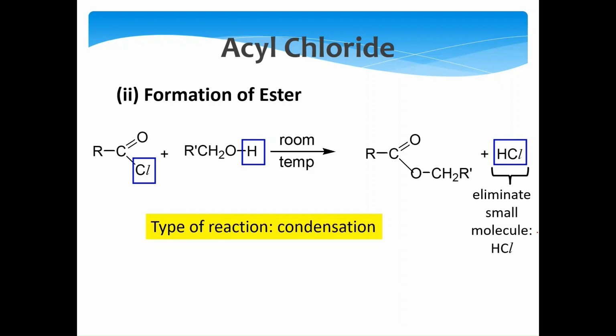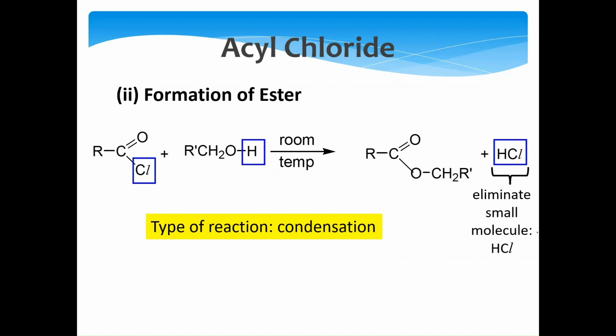This is also similar to the formation of ester by reacting carboxylic acid with alcohol. But because acyl chlorides are more reactive, we can more easily react it with alcohol to get the ester. So room temperature will do.